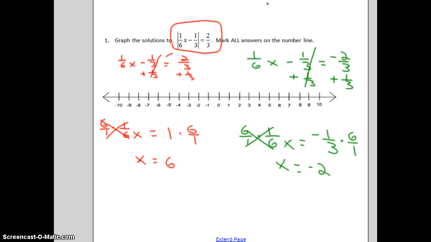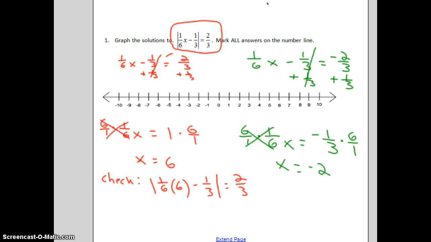This time, when we check our first, we're going to replace x with 6. So let's go ahead and do that. Use the check. So the absolute value of 1/6 times 6 minus 1/3 equals 2/3.